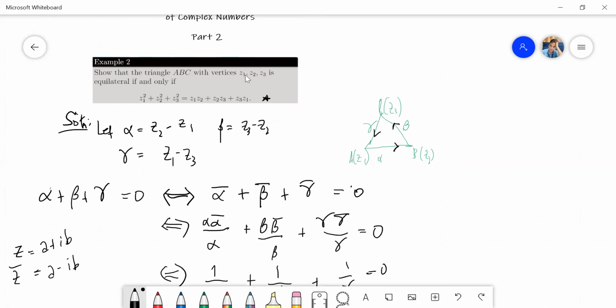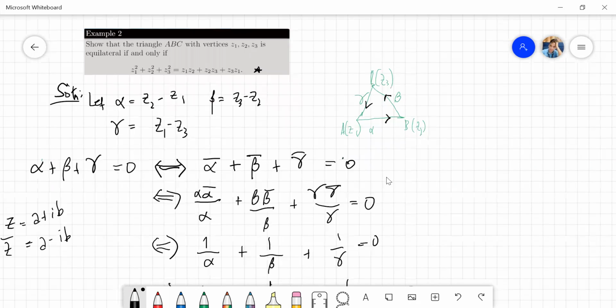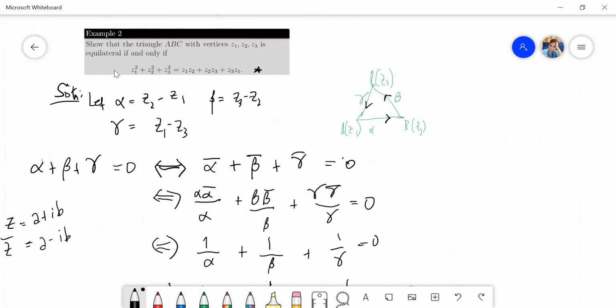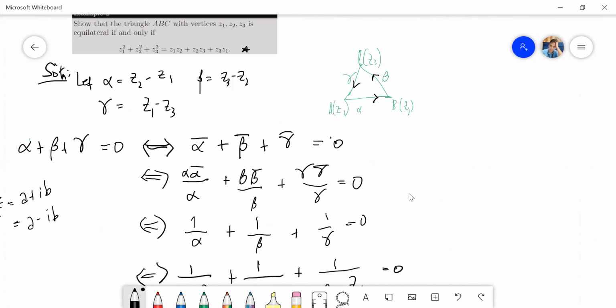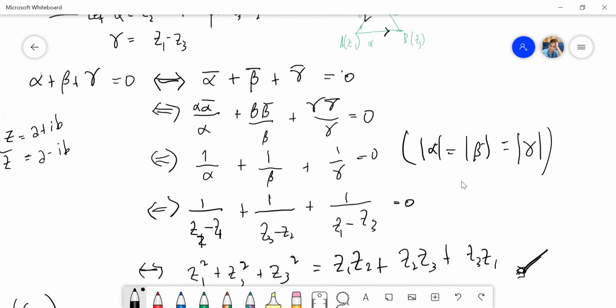So in this case, your alpha, your beta, and your gamma have equal dimensions. Sorry, I forgot to include it here: the dimension of alpha equals the dimension of beta is equal to the dimension of gamma. So that's our goal here.